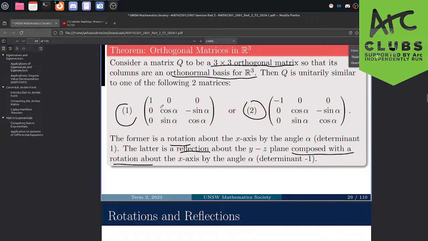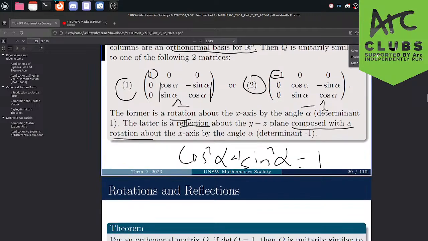If you calculate the determinant of this submatrix, you notice that it's going to be cosine squared alpha plus sine squared alpha, which is equal to 1. So the only determining factor for the determinant is going to be the top left entry, which is 1 or -1. So here the determinant is 1, here the determinant is -1. And that's how you determine if it's a rotation or a reflection and a rotation.